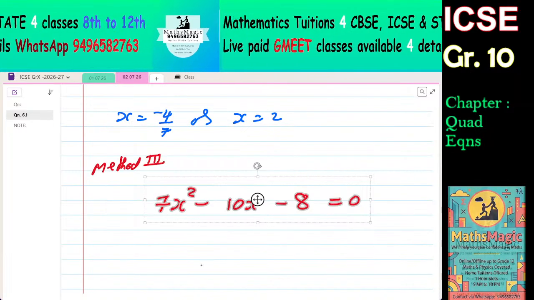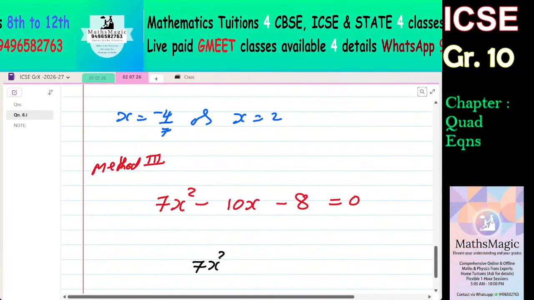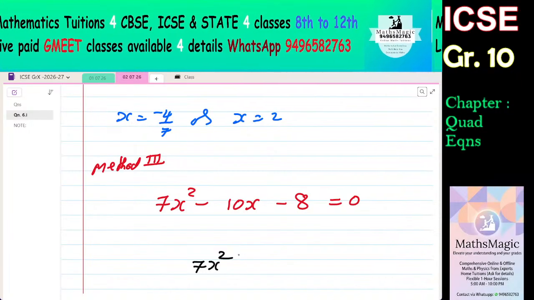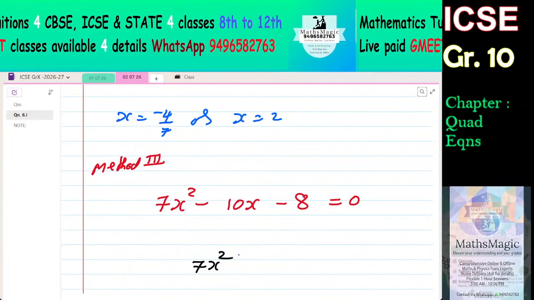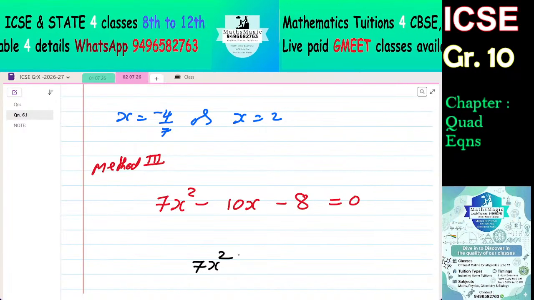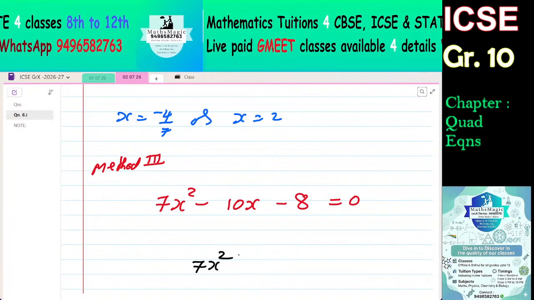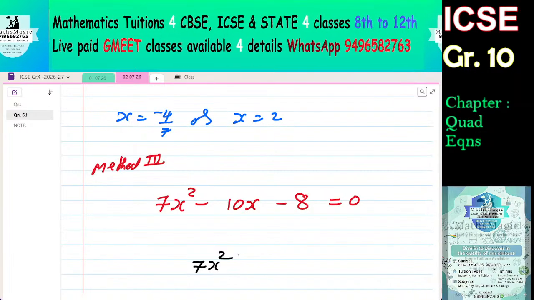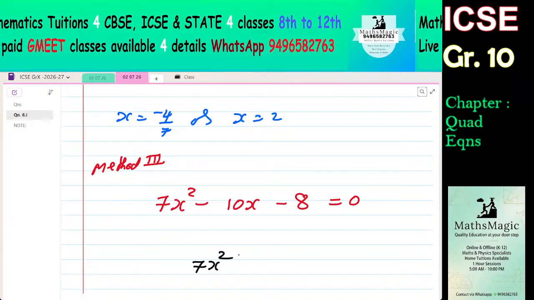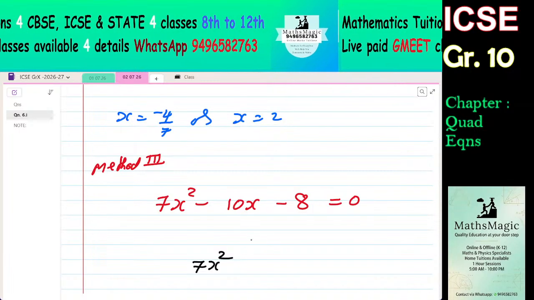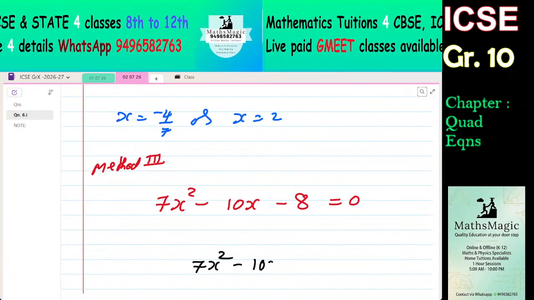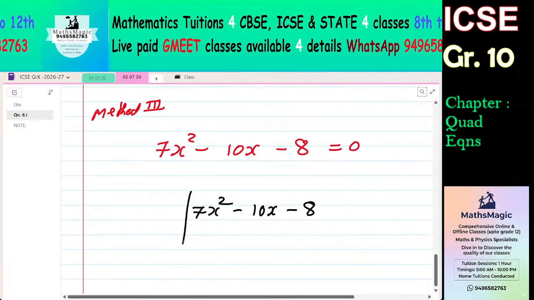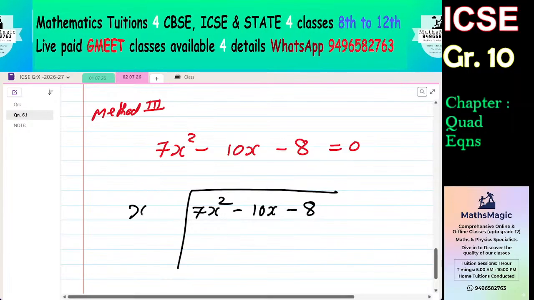We have x equal to 2 as root, so x minus 2 is a factor. We will divide it.